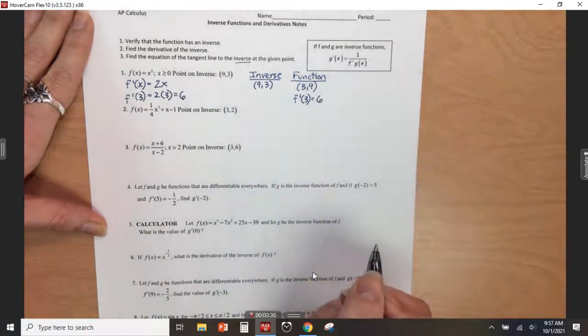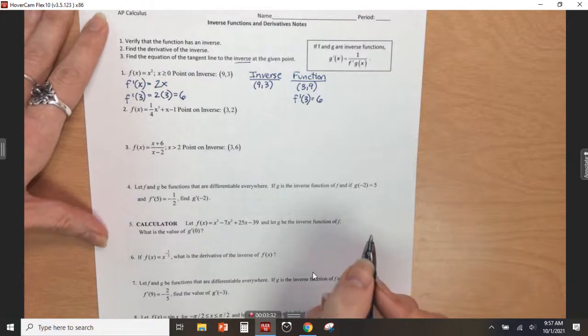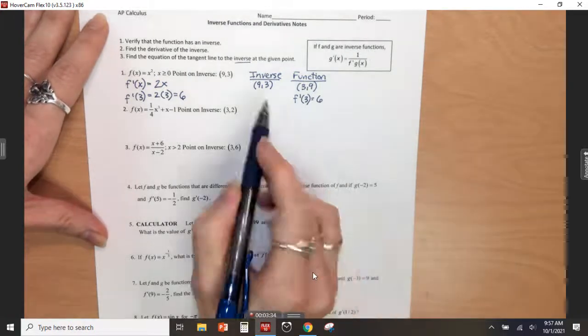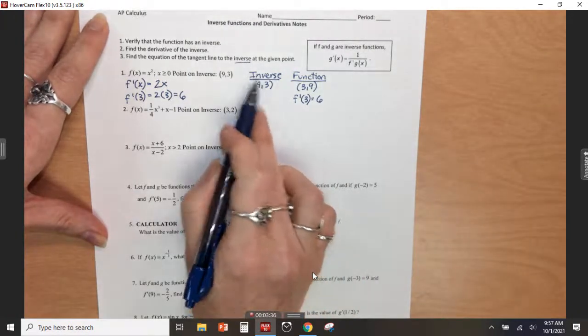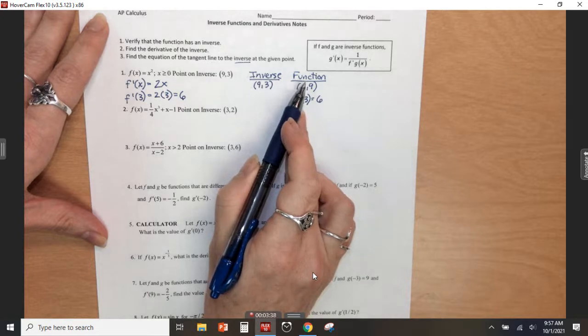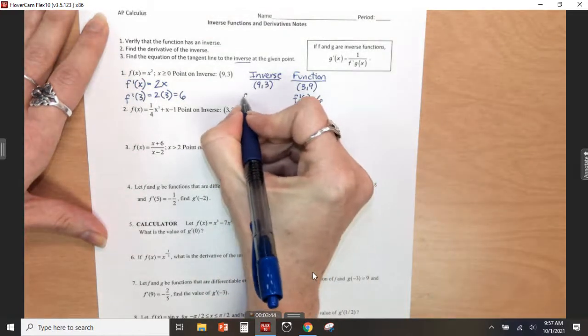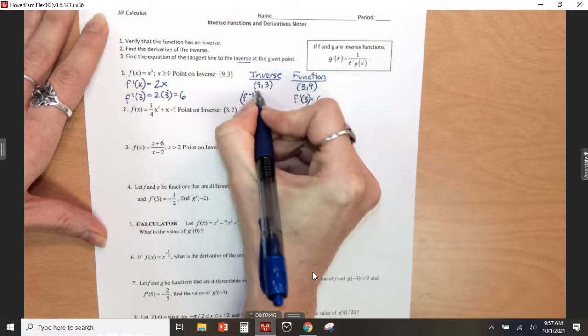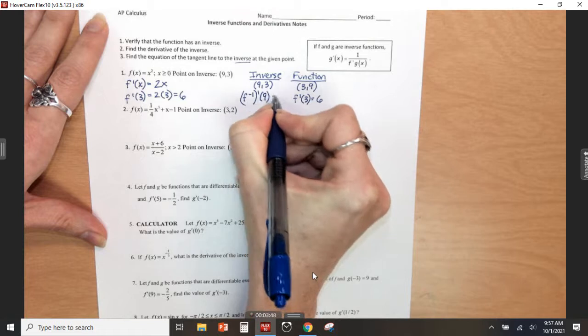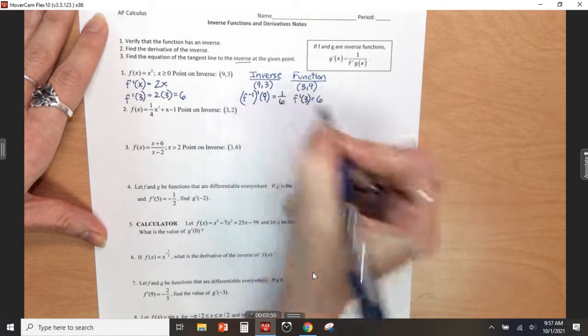So the relationship between the derivative of the inverse at this point and the original function at its corresponding point is that they are reciprocals of each other. So f inverse prime of 9 will equal 1/6.